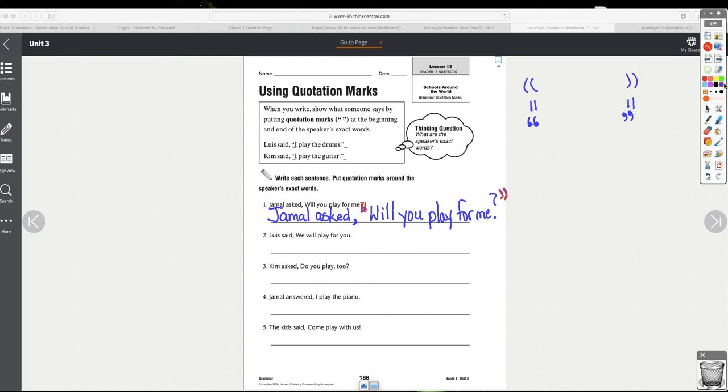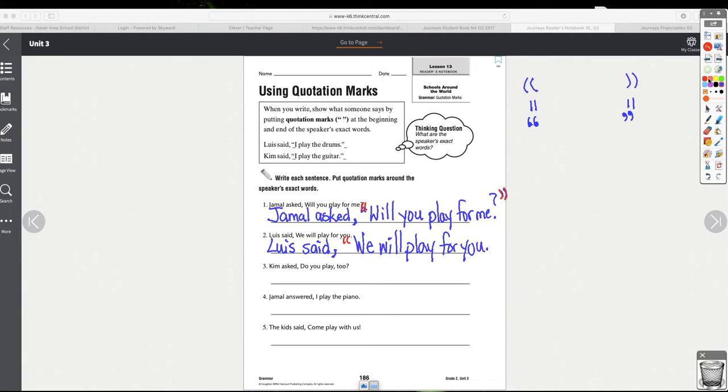So when we rewrite the sentence, we need to make sure that we put the quotation marks before we and after the period after the word you. So now when we rewrite the sentence, Luis said, make sure you're putting that comma there that they already gave you in the sentence. And then put your quotation mark before the word we. We will play for you. And then the period stays the same.